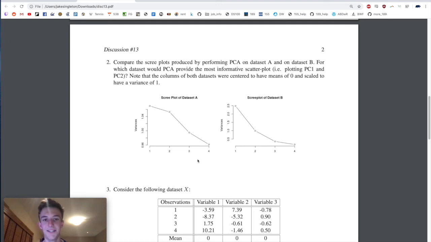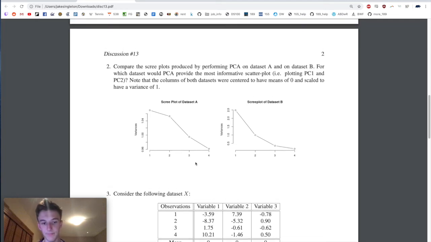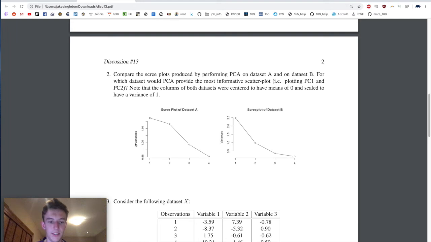That's bad data science practice, sorry about that, but this should say principal component number. Sometimes you'll just have raw variance, which is what we have here. Sometimes you'll have a fraction of variance explained, and you'll see both types of scree plots in the homework. And so this question 2 says, look at these scree plots and determine for which data set PCA would provide the most informative scatter plot, plotting PC1 and PC2.